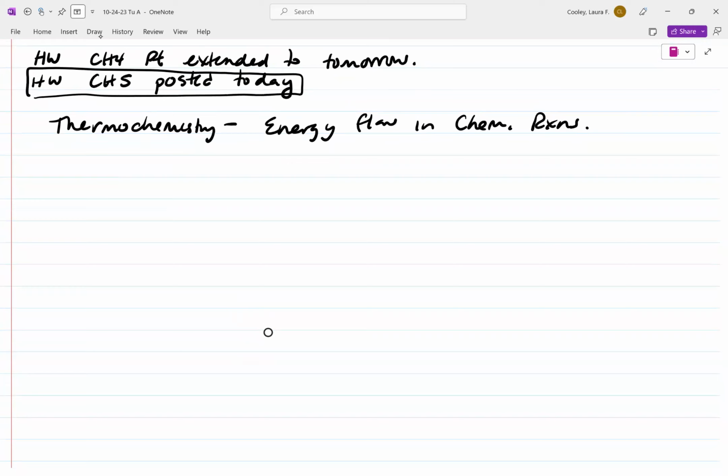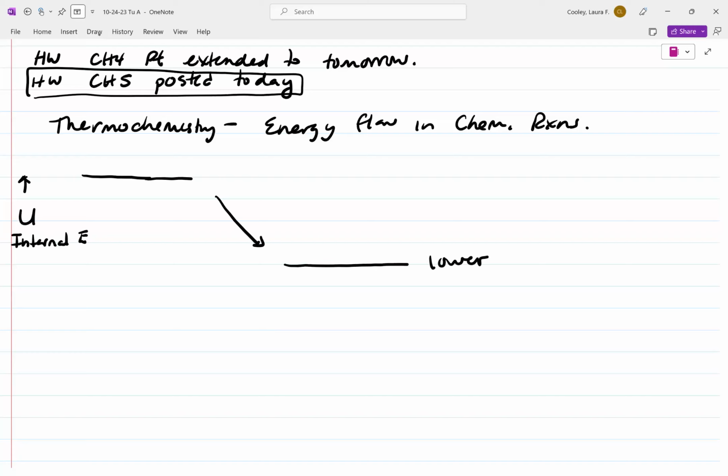So when you have a reaction that starts off at a high energy and goes to a lower energy, heat will be given off. If this is energy here, we call this internal energy, U. You start off with reactants at a higher energy, and they go to a lower internal energy.